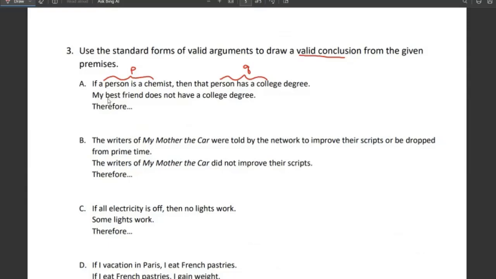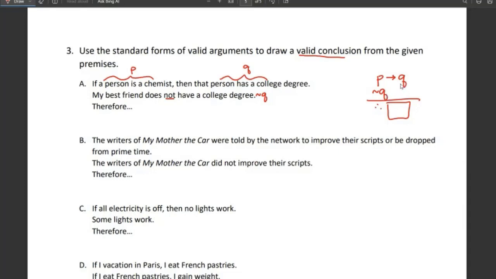The second premise says, my best friend does not have a college degree. Okay, so college degree goes along with Q, but we have negative Q. So what we see is that we have if P, then Q, and then the second premise is negative Q, therefore blank. So what do we need to make this valid? In order for it to be valid, we have to either repeat our conditional statement or it can be the contrapositive.